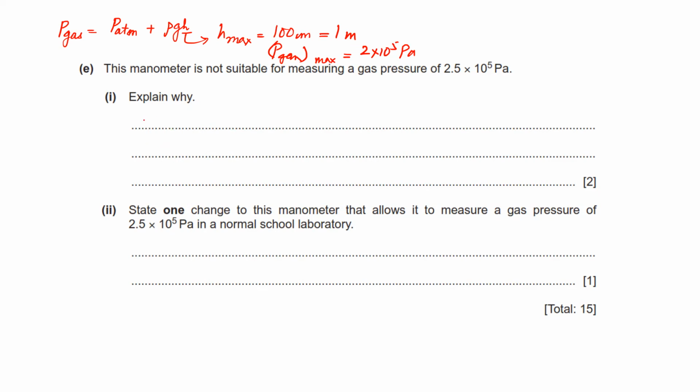So the maximum pressure of gas the manometer can measure is 2 into 10 to the power 5 pascals.